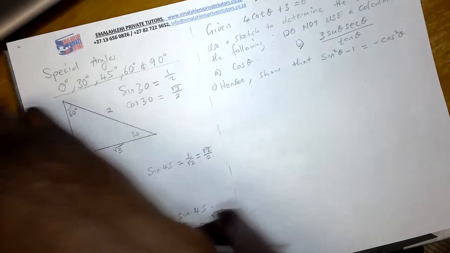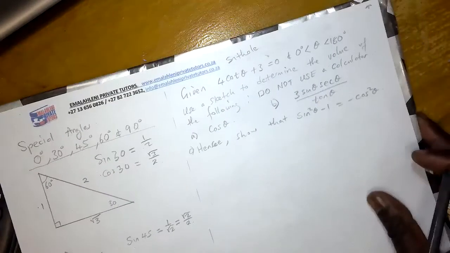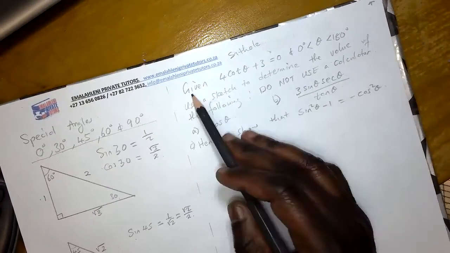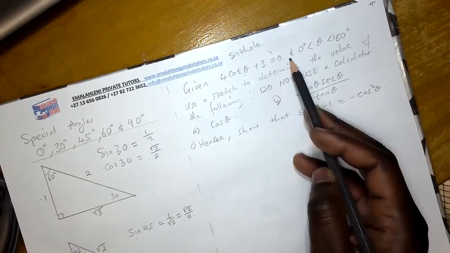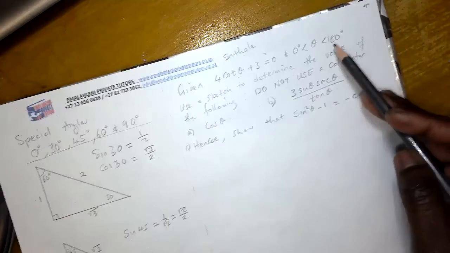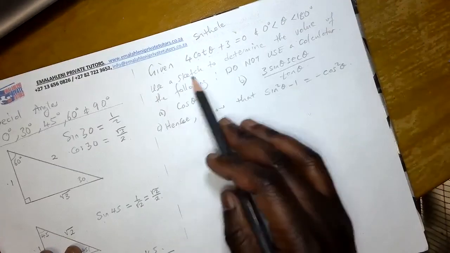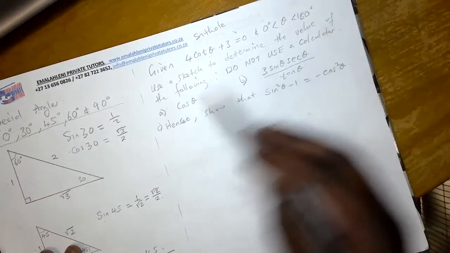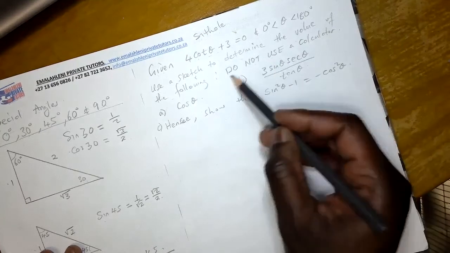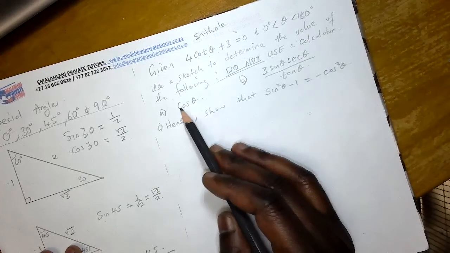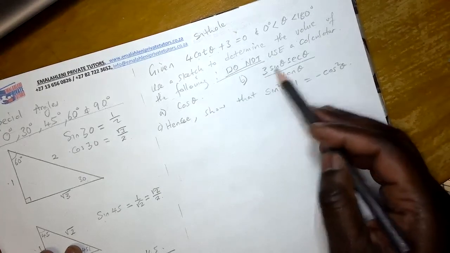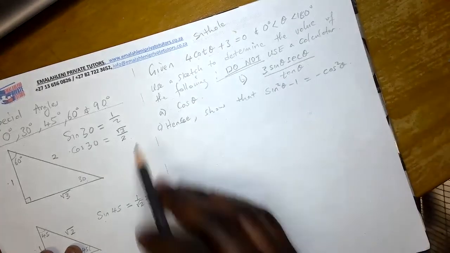Now let's check a typical exam question that I picked. Given that 4 cot theta plus 3 is equal to 0, for angle 0 to 180, use a sketch to determine the value of the following. Do not use a calculator. Calculate the value of cos theta, 3 sine theta, sec theta, and so on. But what must we do first?